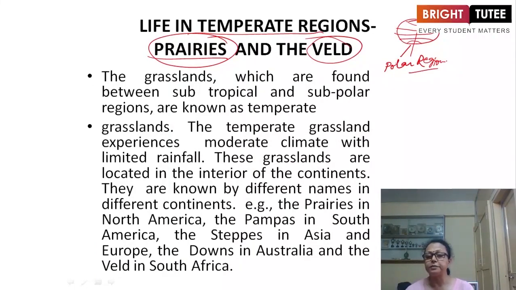On the poles: equator, Tropic of Cancer, then this is the 66.5 degree, also known as the frigid zone, then comes the pole.